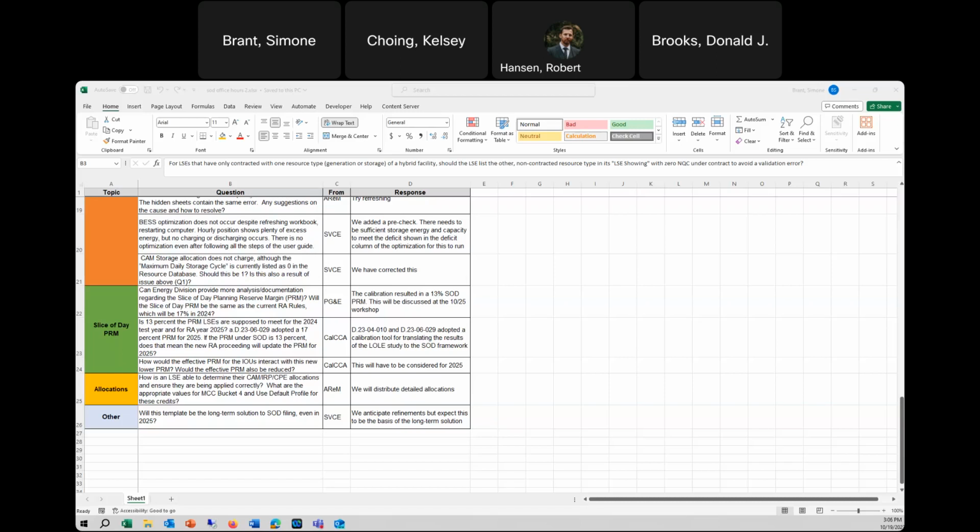We had a mistake in the way that we were translating the loss of load study into the slice of day tool. Okay, so the study is still the same study. So it should not be 13, is what you're saying. Yeah, that is in fact what I'm saying. Apologies for the confusion there.